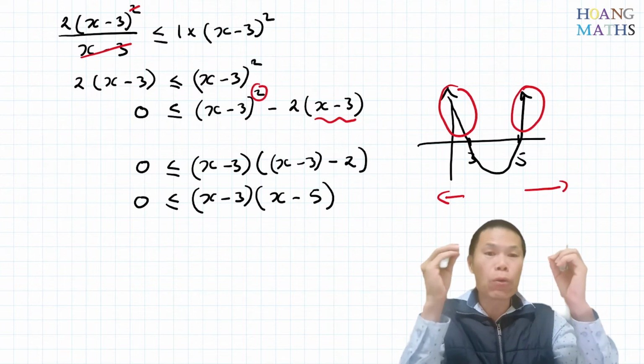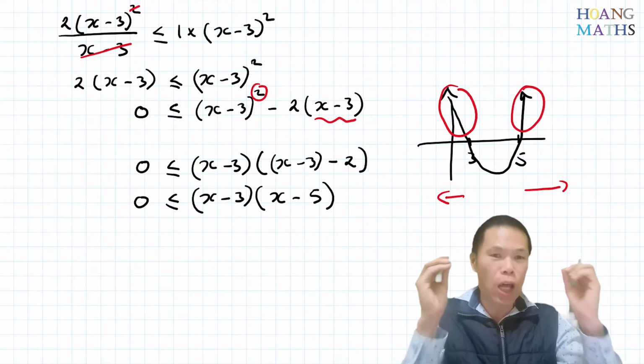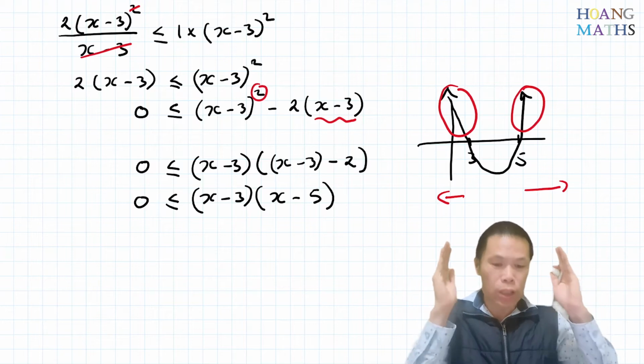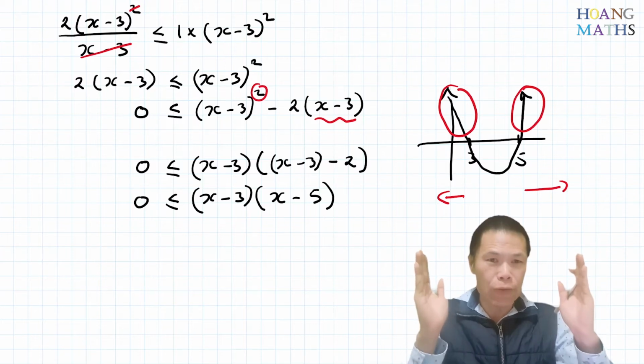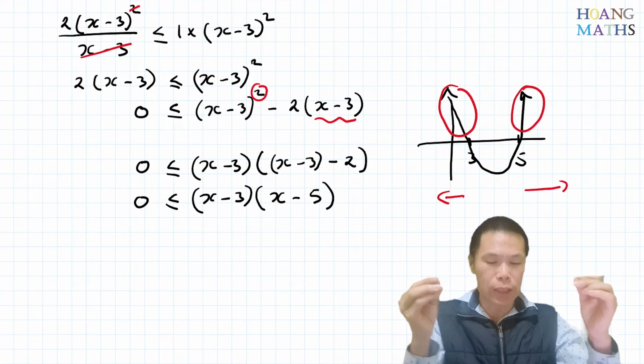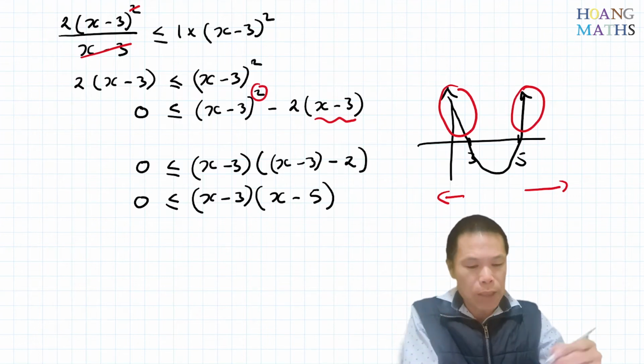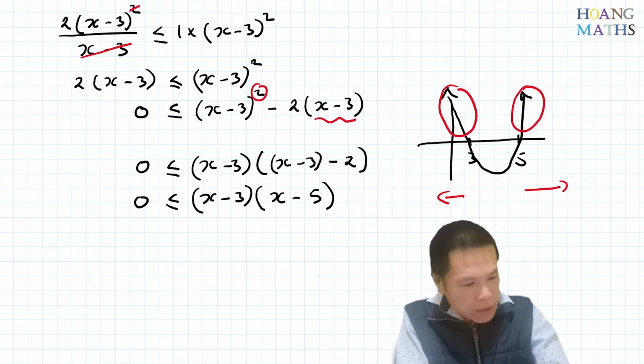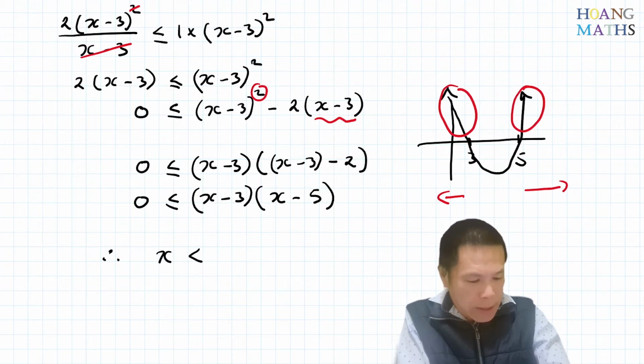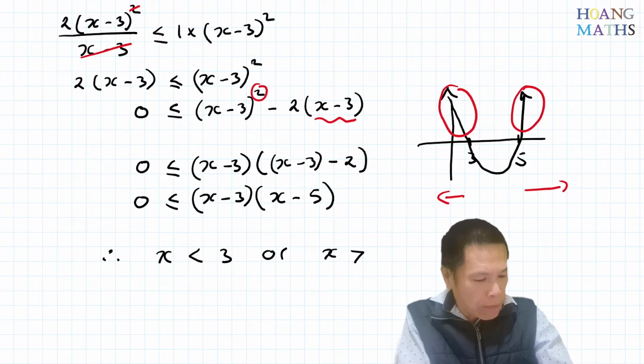Okay, so we don't write equal yet. Just be careful. A lot of people make mistakes on this. So we just write less than or greater than first, and then we check with the question, so you will not make mistakes on this. So let me write this down first. Therefore, x is less than 3 or x is greater than 5.